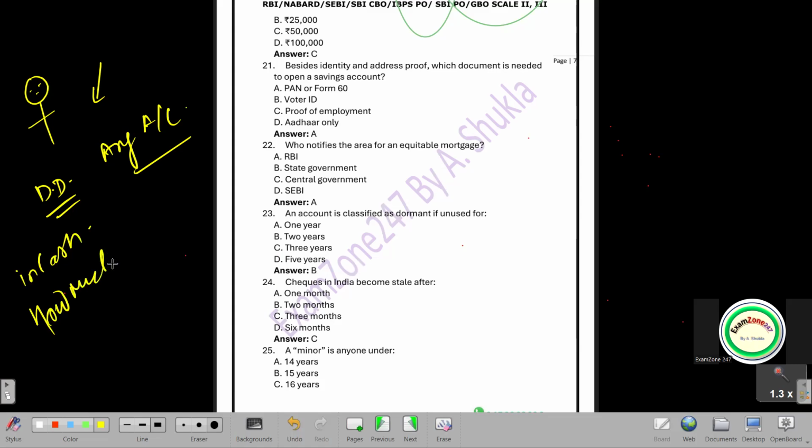How much amount will you allow? This question is still not asked, but it may be asked.